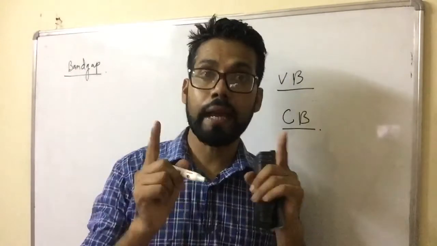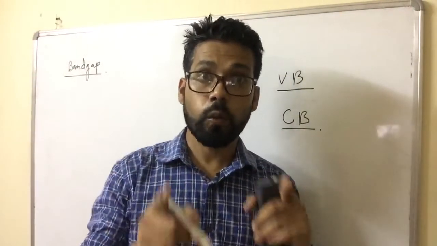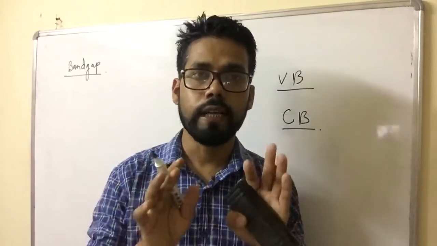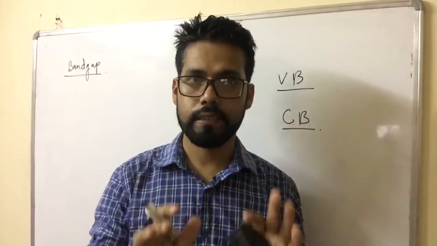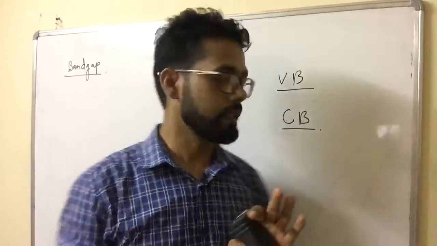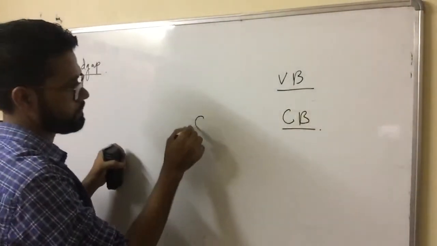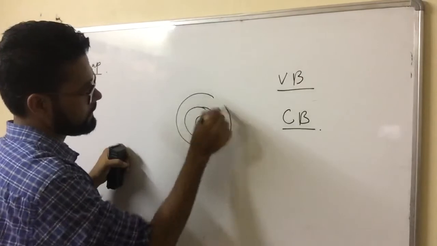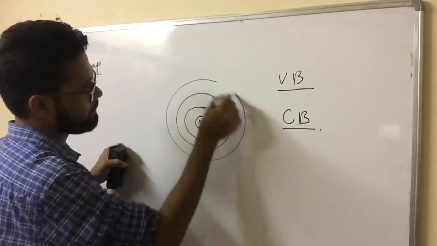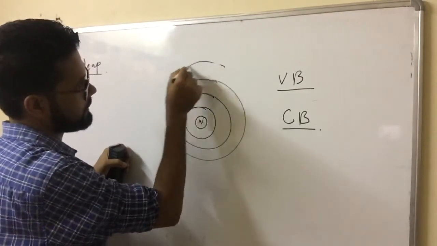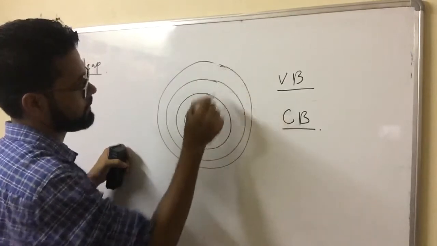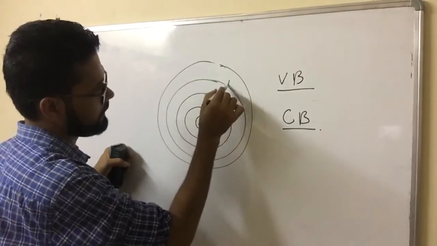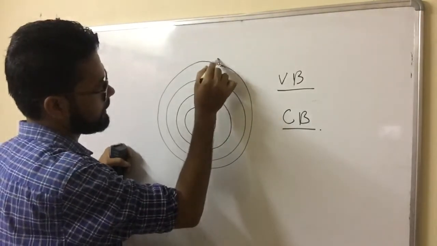The valency band is the band formed by electrons closest to the nucleus, and they are not responsible for the electrical conductivity of the semiconductor. Clear? Suppose I give another example. This is the nucleus, this is the K shell, this is the L shell, this is the M shell, and it goes like that. This is the N shell. Here 2 electrons, here 2, here 8, here 18, and here 1 electron.